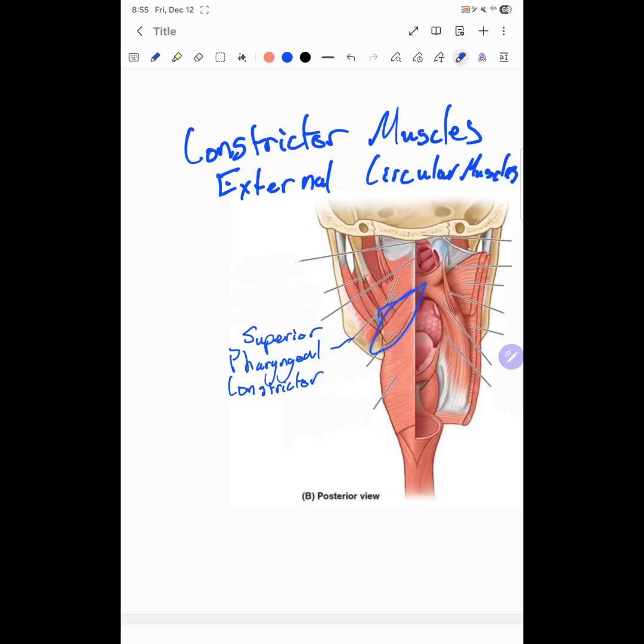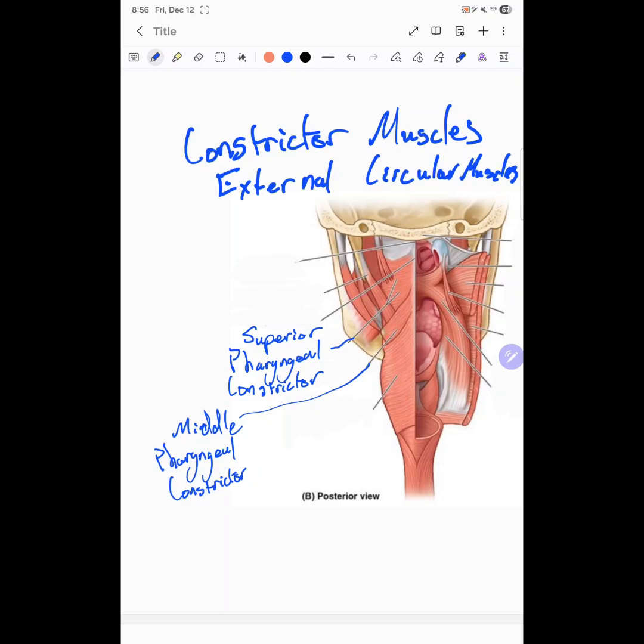The middle constrictor now, we're going to talk about that, so let's label it. Middle pharyngeal constrictor. It's going to originate on the stylohyoid ligament and the greater and lesser horns of the hyoid bone, and it's going to insert on the pharyngeal raphe.